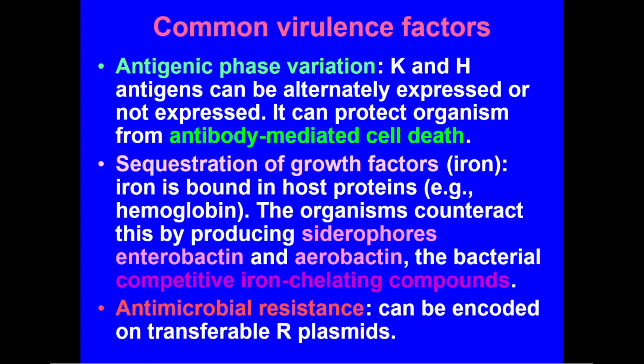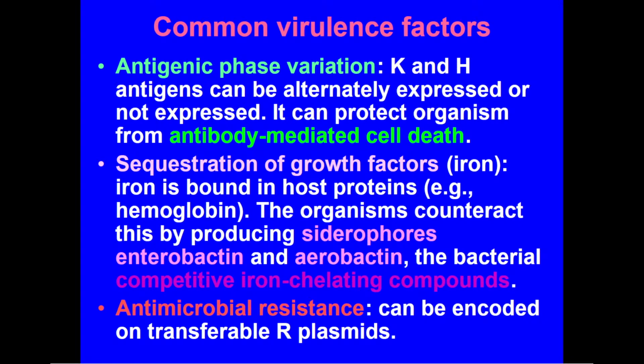They change the valency of the iron in hemoglobin or myoglobin and then transfer it into the bacterial cell. These are bacterial competitive iron chelating compounds, siderophores or aerobactin.